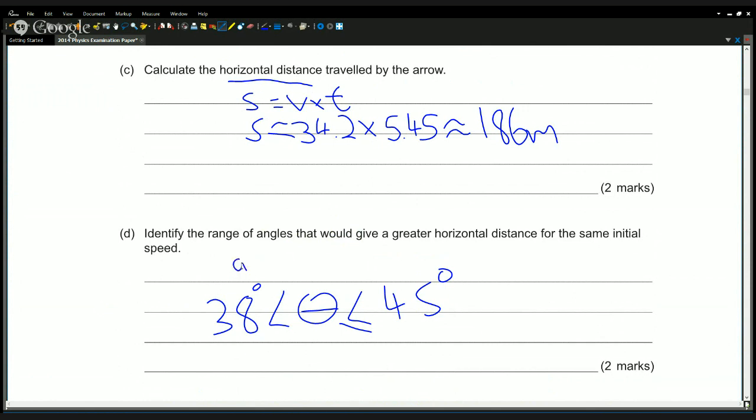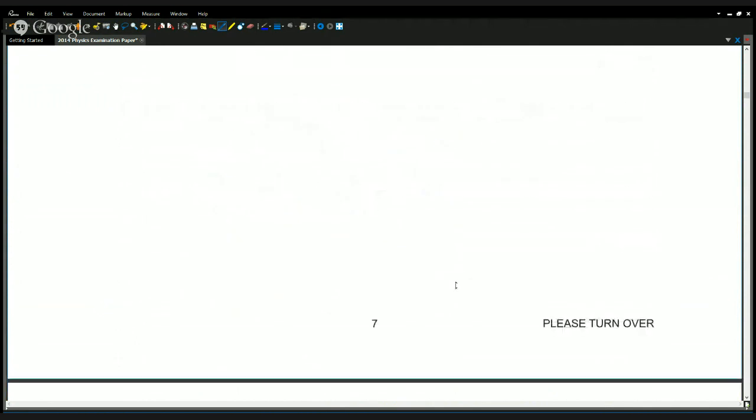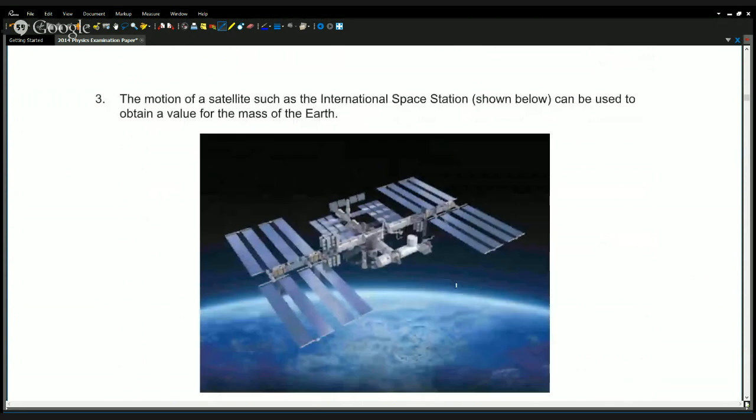So I'm going to put an assumption there, otherwise it's way too complicated to really do for 2 marks. Assuming uni level, anything between that 38 and 45 will have a larger range. I wish they'd put in here assuming uni level, or assuming landing at the same height that it fell. But I'm going to go with that. That makes sense in the context of the mark scheme.